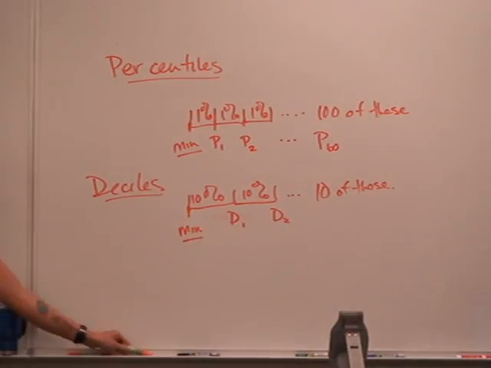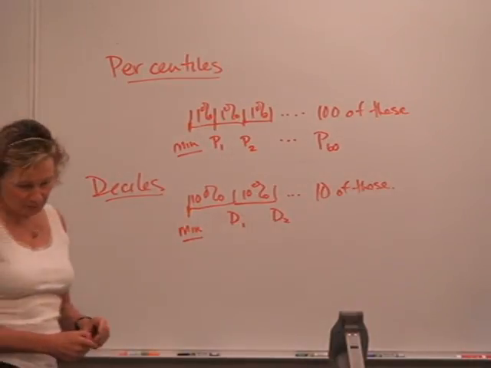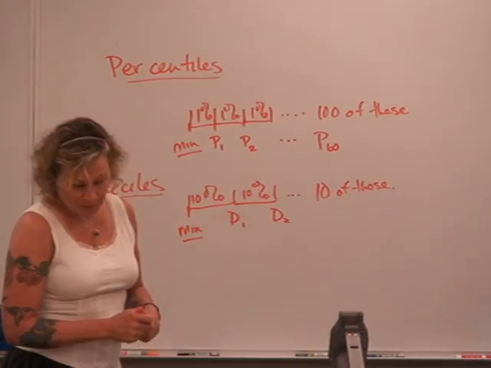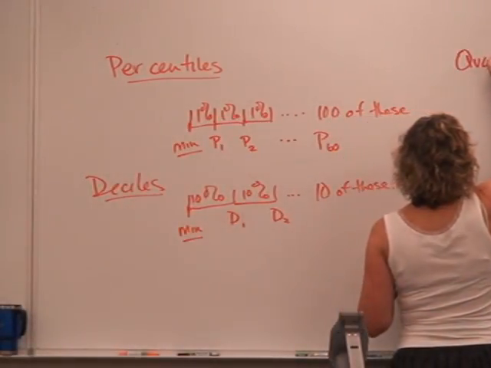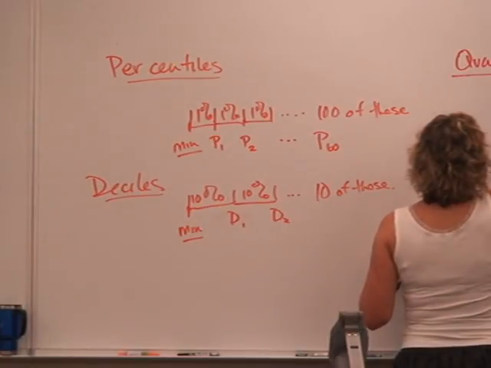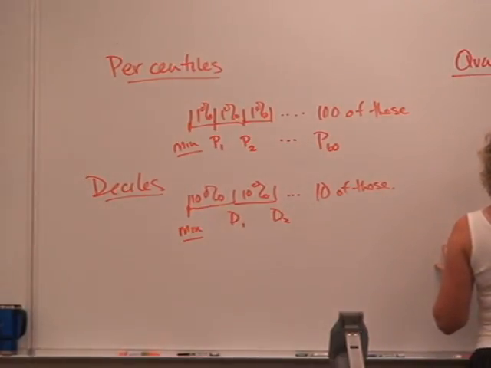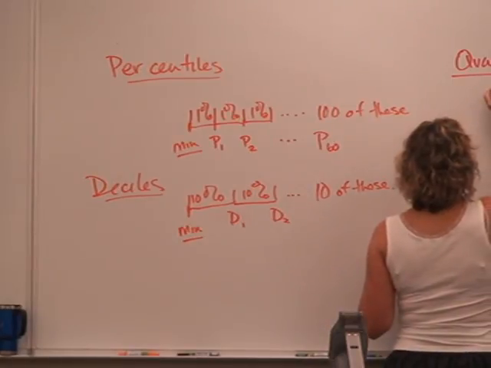But the type of percentiles that are going to mean the most to us are called quartiles. So quartiles divide the data into fourths. And let's be more specific, they divide the ordered data into fourths.